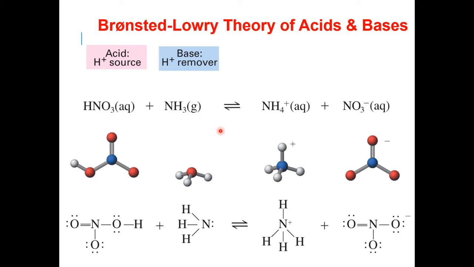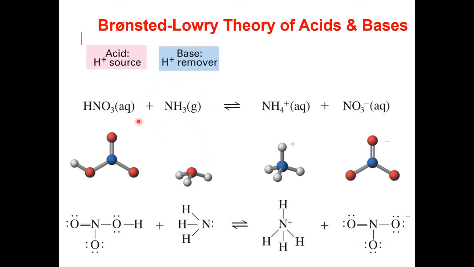All right, so let's look at a couple reactions here and see how an acid and a base are acting. So here, again, Bronsted-Lowry definition: the acid is the proton donor, the base is the proton acceptor or the proton remover. So here we have nitric acid, HNO3, and we have ammonia.